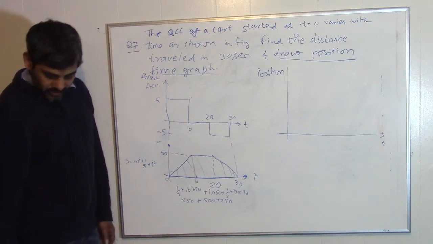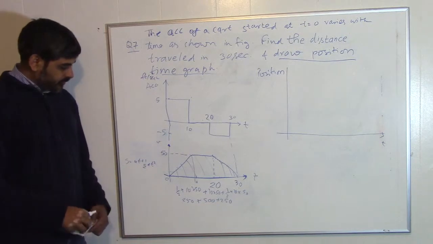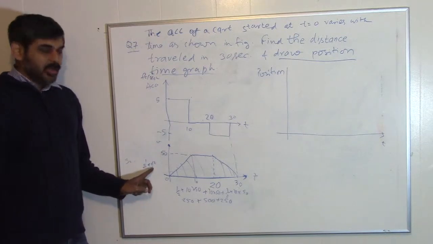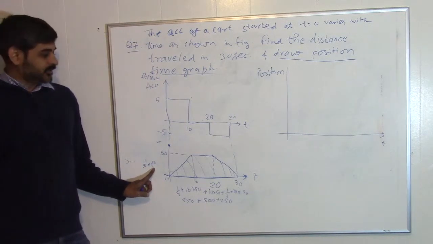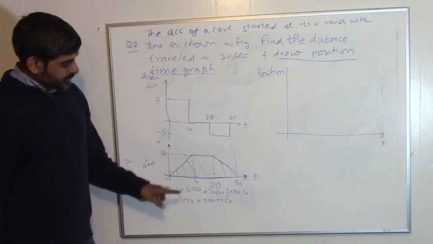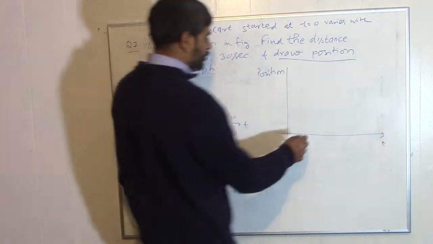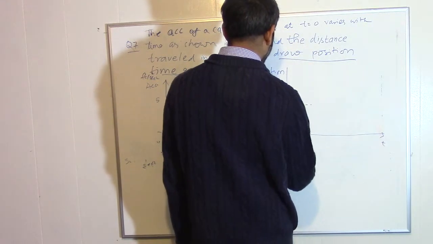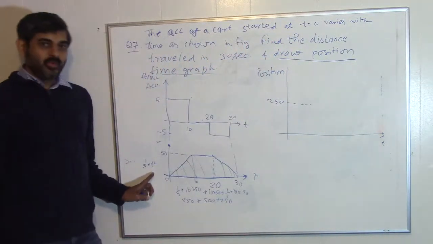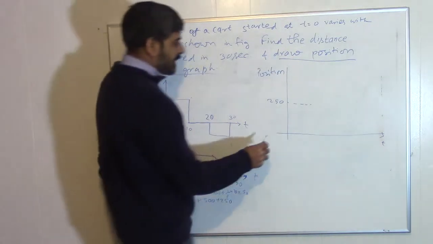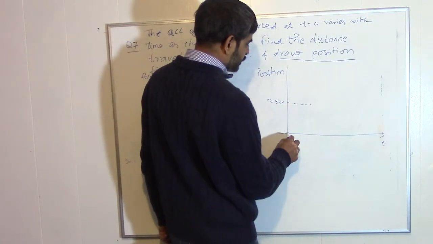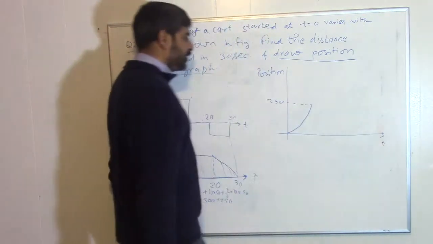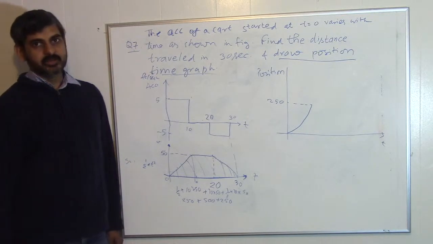Initially the velocity is 0, so ut becomes 0, and we have half a into t square. It will be a function of the square of the time. The distance reached here is 250, so I will mark a distance of 250 here. And because it is varying with the square of the time, the graph will come something like an exponential. It will vary like this.